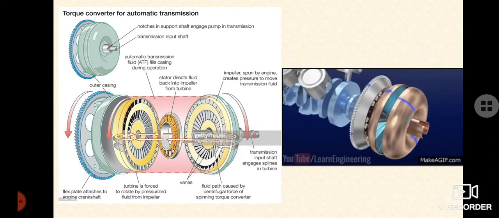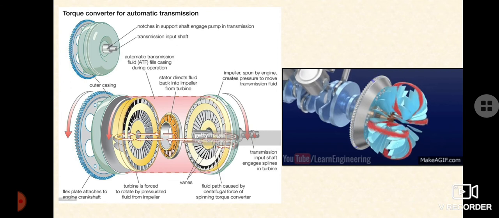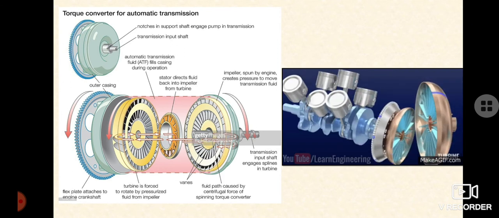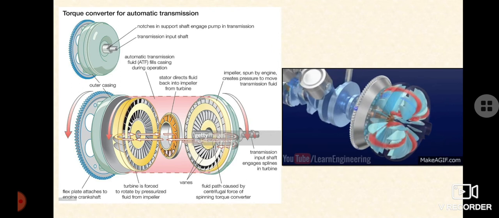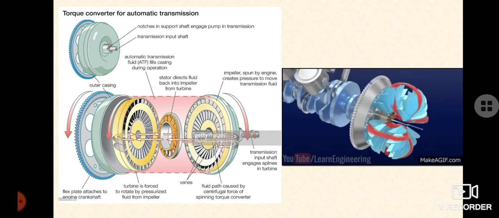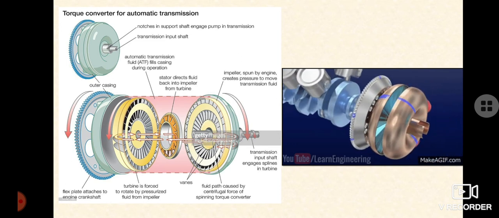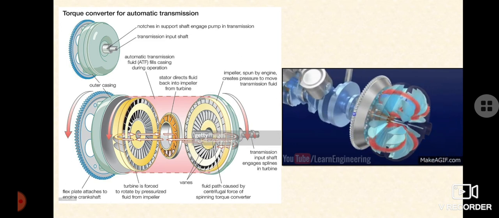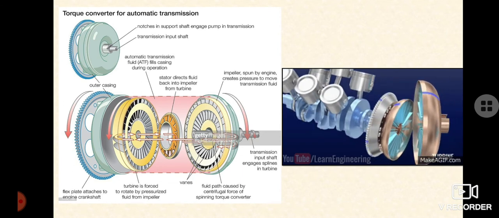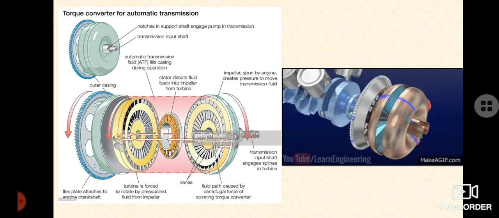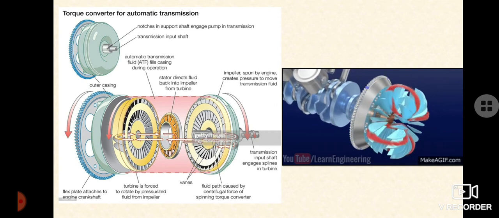Now we have discussed the torque converter for automatic transmission. As we know, the torque converter is a type of fluid coupling which is used to transfer rotating power from the engine of a vehicle to the transmission. It takes the place of a mechanical clutch in an automatic transmission.